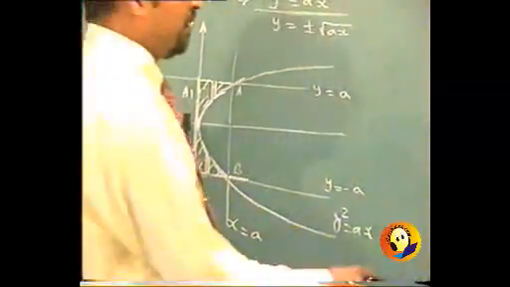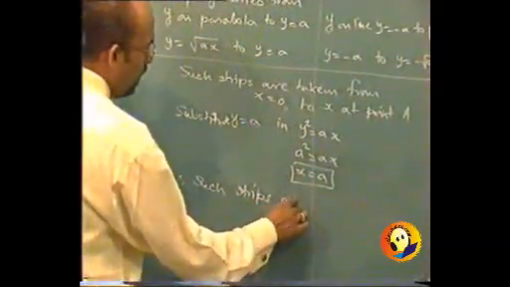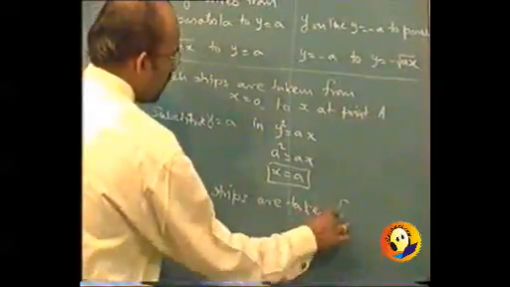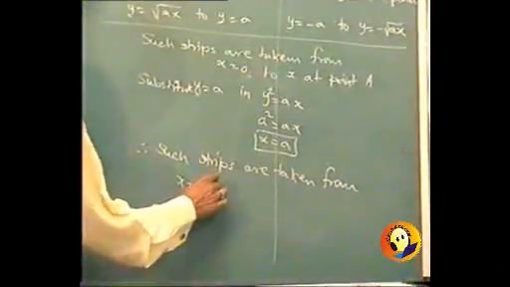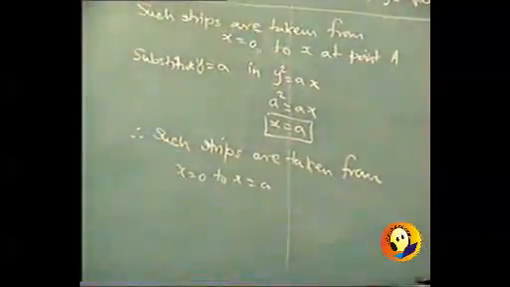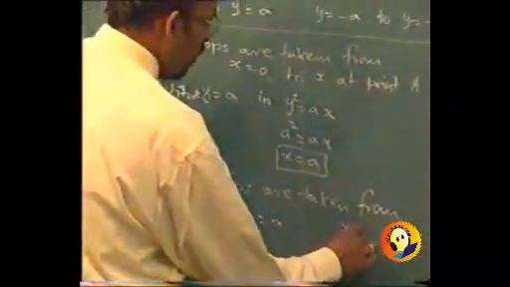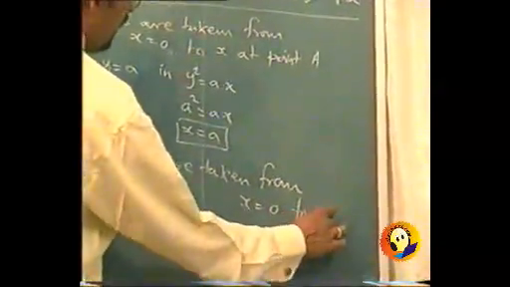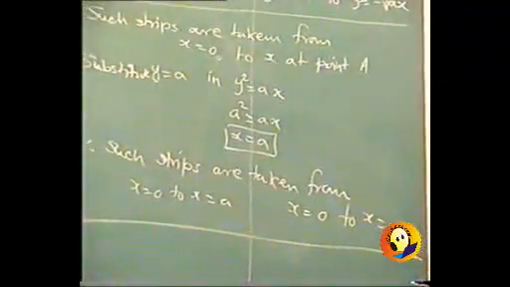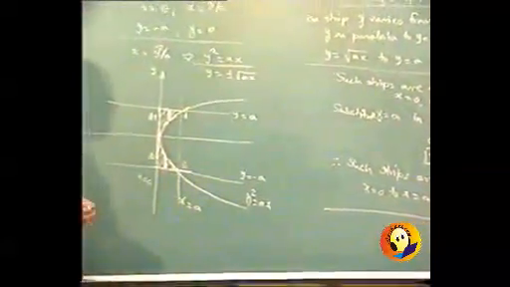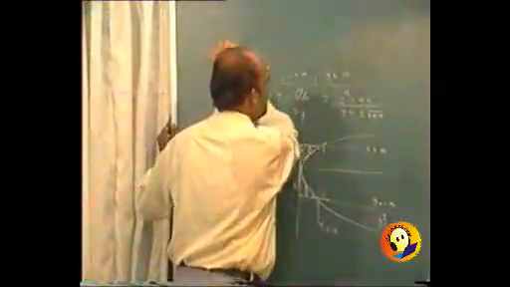So we can say that such strips are taken from x equal to 0 to x equal to a in area 1, and the same is the case with area 2, that is, such strips are taken from x equal to 0 to x equal to a. This is what we are required to deduce, and then what remains is simply to rewrite these integrals with the limits.